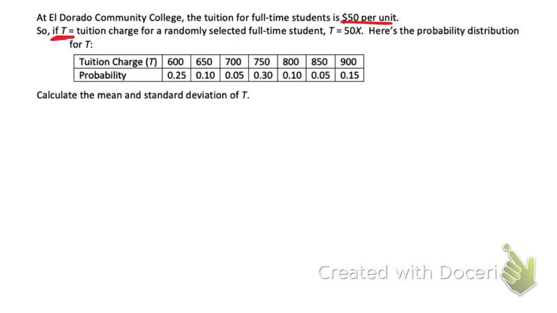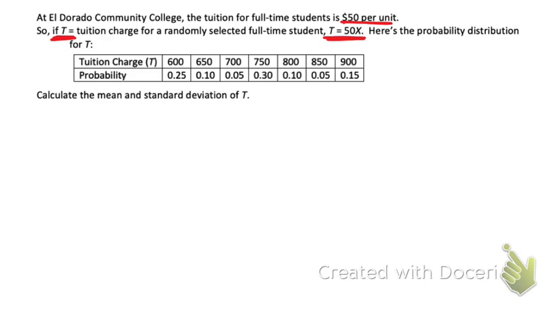If T is the tuition charge for a randomly selected full-time student, T equals 50 times X. What do you guys notice about the probabilities of this chart and the one right before? They're the same. Why? If a student is taking 12 units and it's $50 per unit, 12 times 50 is 600. And 25% of students are taking 12 units, so 25% of students are paying $600.